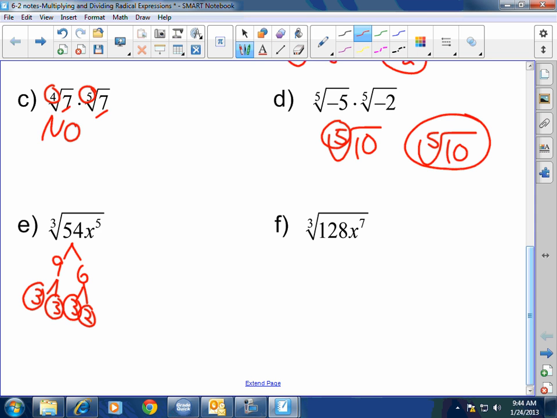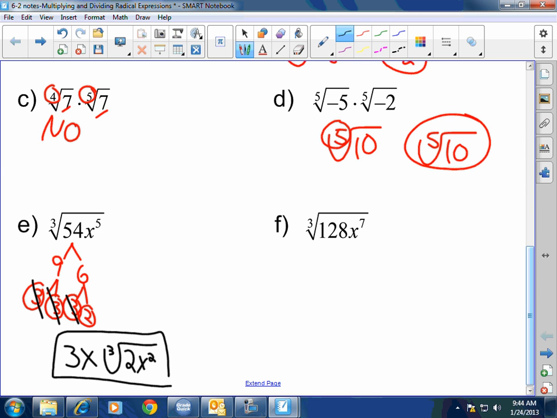You got 3 3s, 1, 2, 3. So that pulls out as 3. But I have what left over in the cube root? A 2, right? How many times does 3 go into 5? Okay, so I have 1 x that comes out, and what do I have left over? x squared.